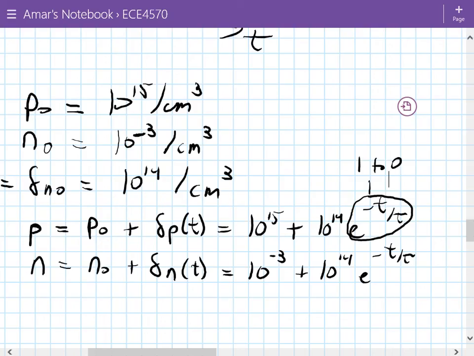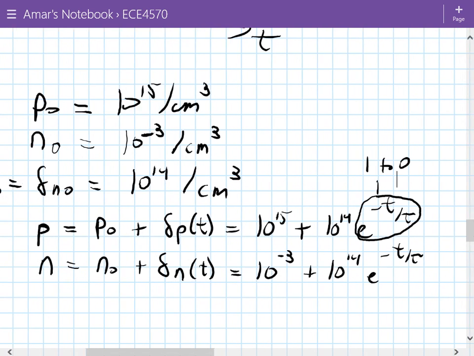This electron concentration is much, much less than this excess amount. So in the case of holes, the initial amount is greater than the excess amount. And in the case of electrons, the initial amount, due to doping, is much, much less than the excess amount generated by the light. This type of situation is referred to as low-level injection.